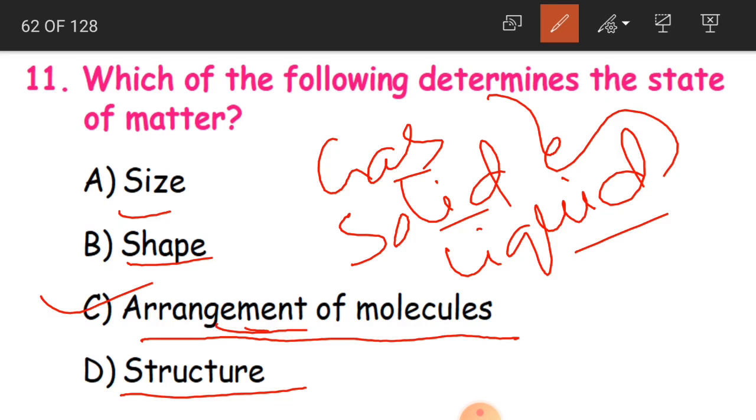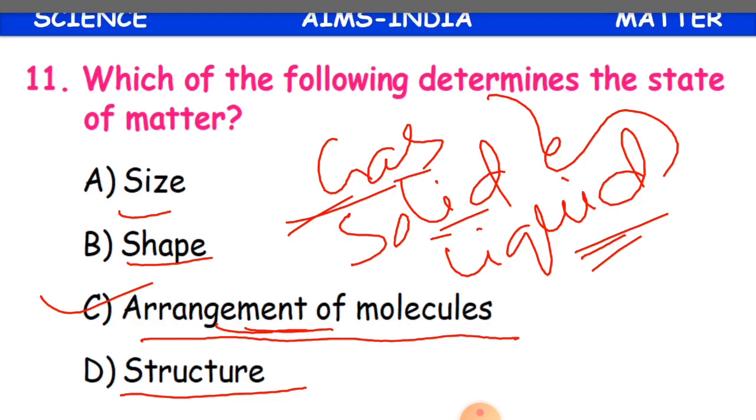The arrangement of molecules. If the molecular attraction is very strong, then it becomes a solid. If the molecular attraction is slow, then it is liquid. If it is very weak, then it is a gaseous state. So the arrangement of molecules is going to determine the state of matter.